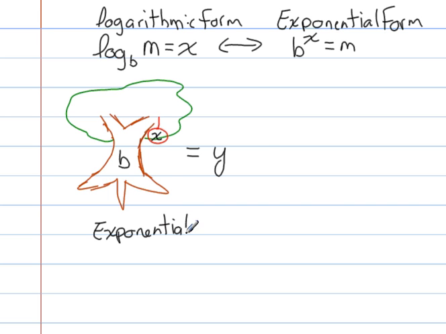If we want to go from exponential form to logarithmic form, we have to cut the tree down. So I'm going to cut this tree down, and it's going to fall over this equal sign. Once it falls, this fruit is not going to stay in it. It's going to drop straight down.